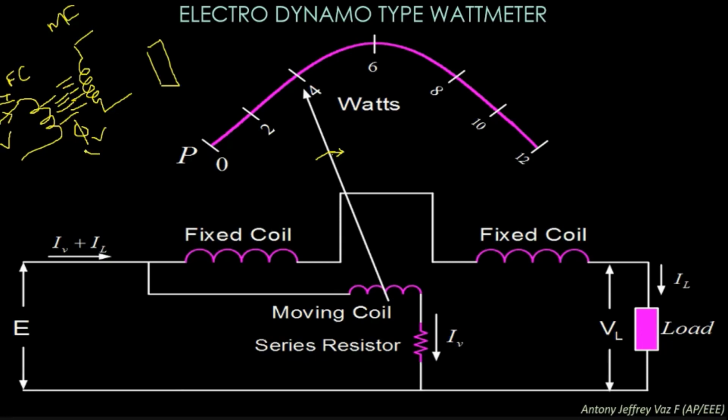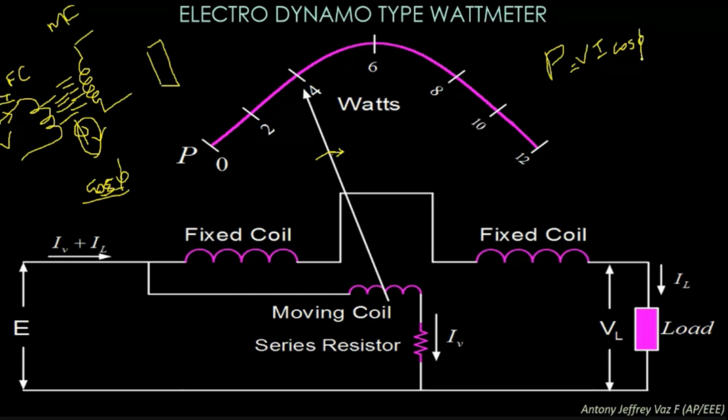Since these two fluxes are added up, they measure the cos phi. You know the formula: P is equal to VI cos phi.